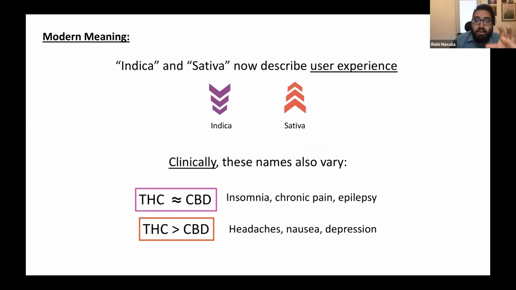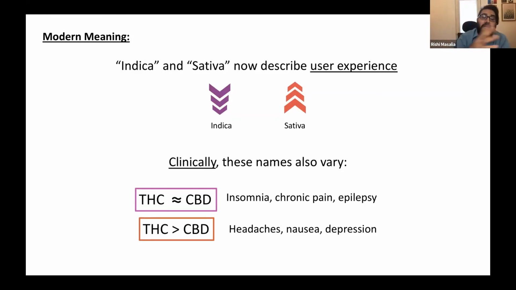In another light, what this really means is that today, if you go talk to somebody in the cannabis industry, indica or sativa now describe user experience, not necessarily what the plant looks like or the chemicals associated with that plant. Clinically, this is pretty important. Traditionally, if you are taking cannabis medicinally that has a relatively equal ratio of THC to CBD, usually you're going to do this for insomnia, chronic pain, or epilepsy.